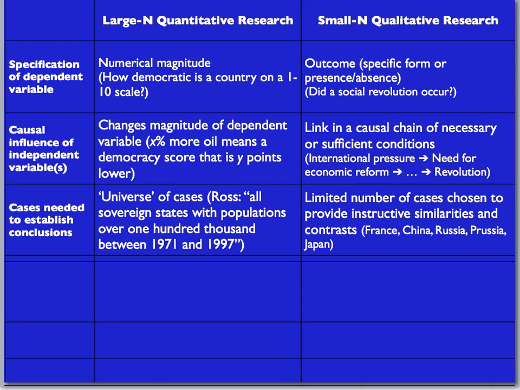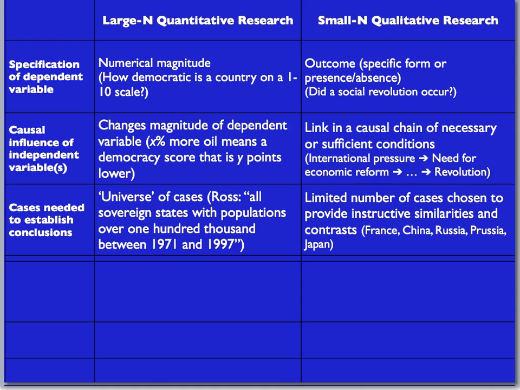Large N quantitative researchers think that they need a lot of cases to establish conclusions. To some extent, this is just an artifact of the statistical method. The computer will tell you that you need a certain number of cases before it's able to do its thing to calculate the coefficients. Ross uses a universe of cases.